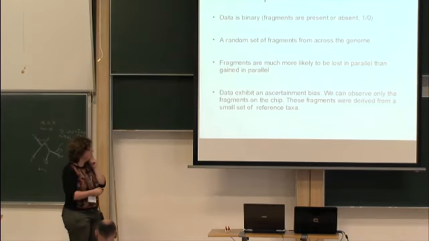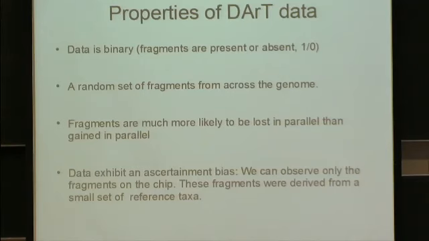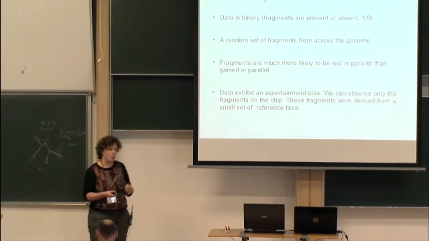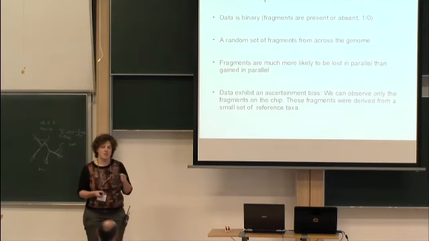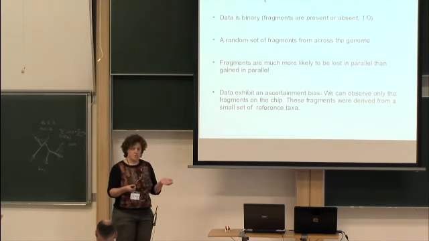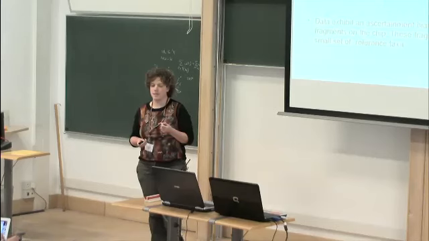So the other weird thing about this data that's a little bit different from other data sets I've worked with in the past is this ascertainment bias or censoring effect. I'm not quite sure what to call it, but the fact that you only will see fragments if they appear in the reference genomes that you use to make that microchip in the first place.